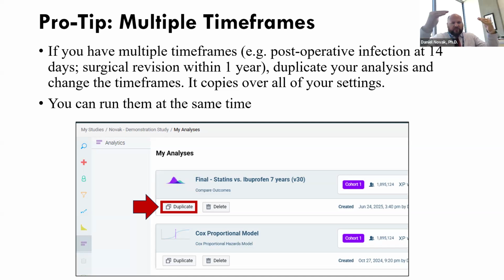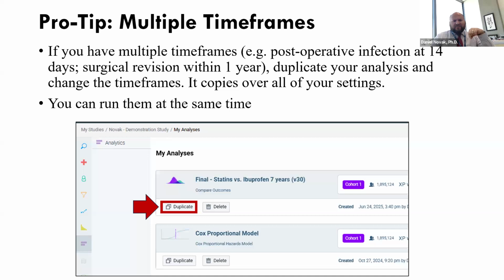You can copy these multiple times and have a 7-year, a 10-year, a 20-year version, and run them all in parallel if you want to do it that way. You can run them in multiple browser tabs at the same time, so you can run it pretty quick when you need to, if you need to update them. The only challenge with doing it this way is if you make a change to one, you have to propagate that change to all the other copies as well.